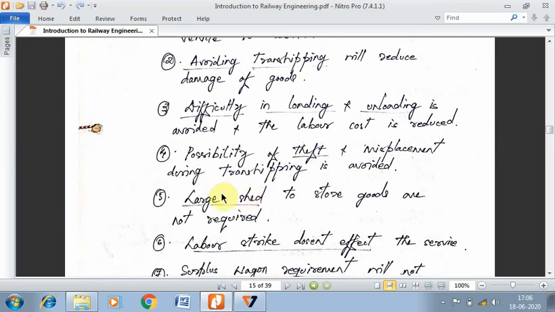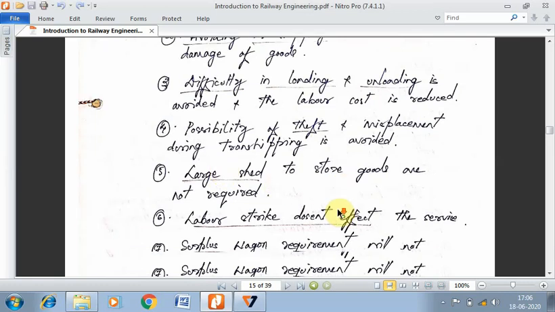Large sheds required to store the goods. If there is a delay in the next train to which you need to shift, right, you might need a larger space to keep all the goods safely. So that requirement of duplicated sheds will be avoided.